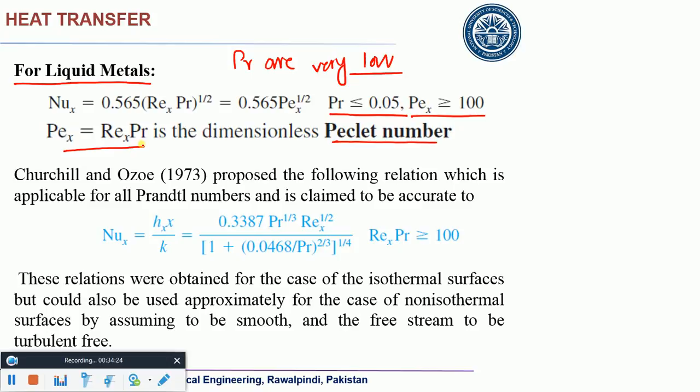This is just a new number introduced by one scientist known as Peclet. So he used that product to define his correlations, and he found that you should use this expression to find Nusselt number for liquid metals over flat plates.